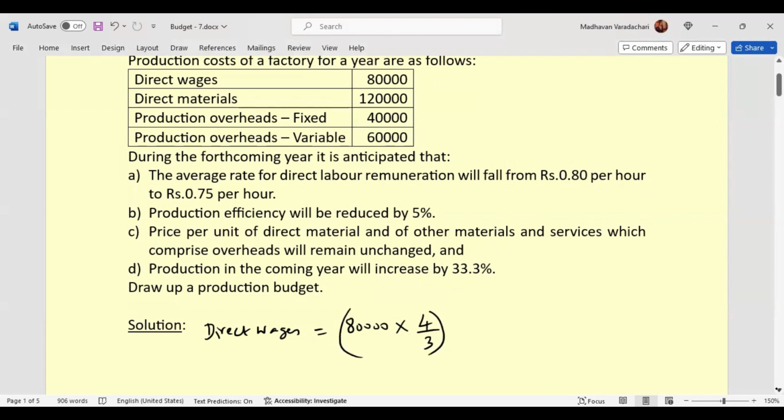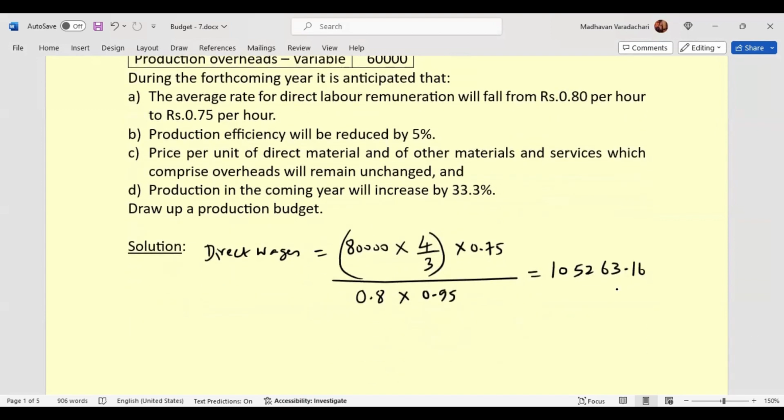And then it says the wage rate is going to fall, means it becomes now 0.75, whereas the earlier rate was 0.8. Production efficiency will be reduced by 5%, which means I will multiply in the denominator 0.95. So if we calculate this, we will get 105263.16.